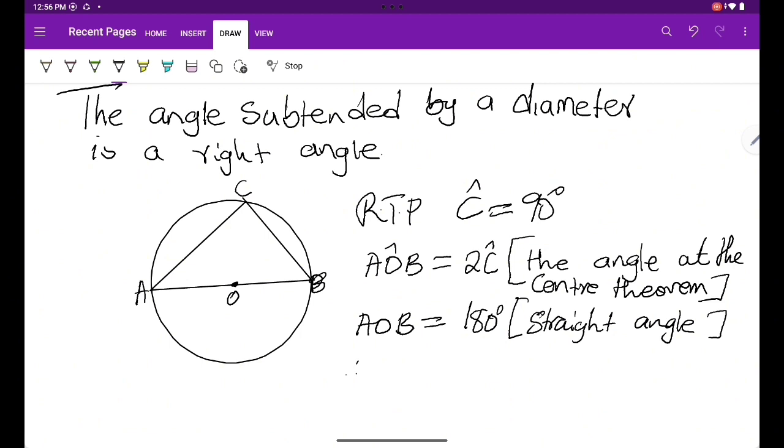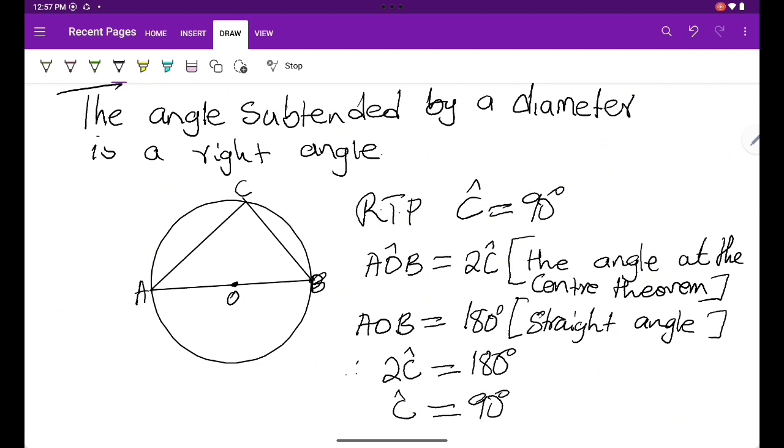Therefore, we can conclude that 2C is AOB, which we said is 180. If we divide both sides by 2, we will get 90 degrees. Therefore, the angle subtended by a diameter is a right angle.